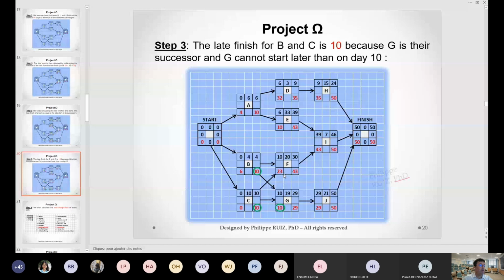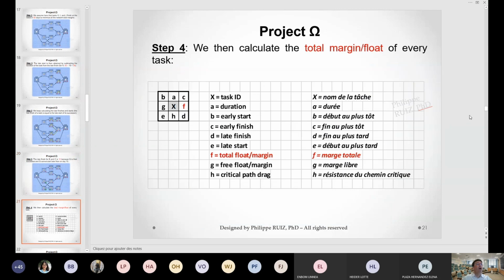It's not 23 because that's a late start, and the late start means at the latest, and G cannot be delayed. So I've got to put 10 and 10 here. That becomes, as before, the late finishes of all my activities. So the late finishes are 10, 10, 10, and I'm finished computing all my early and late starts.